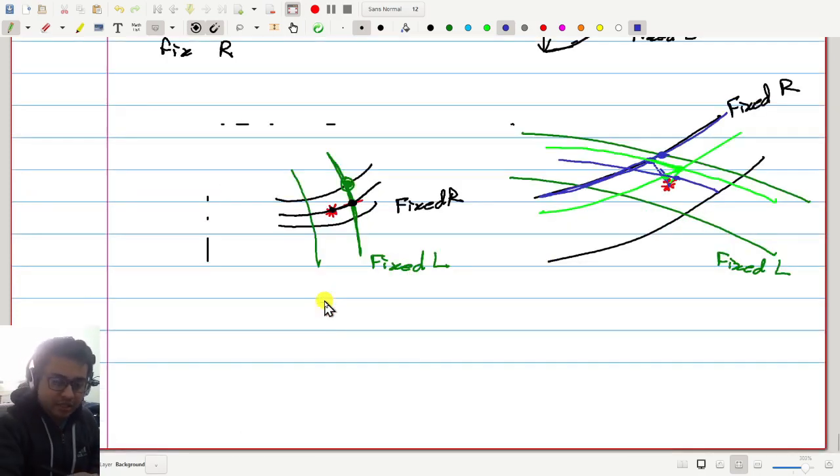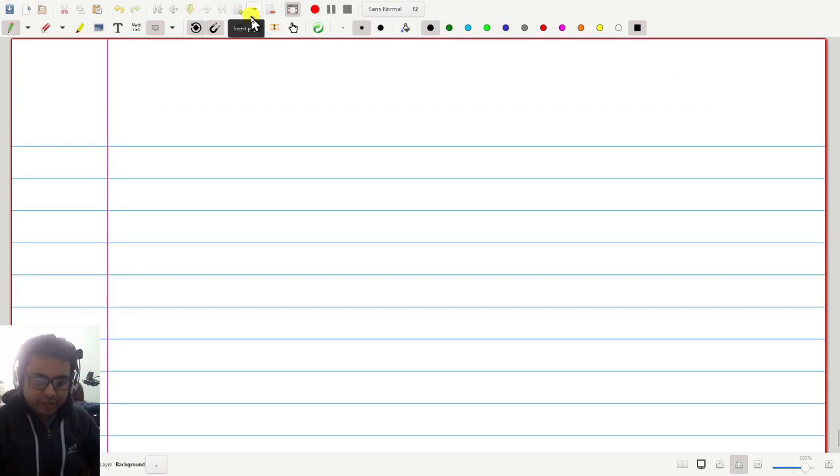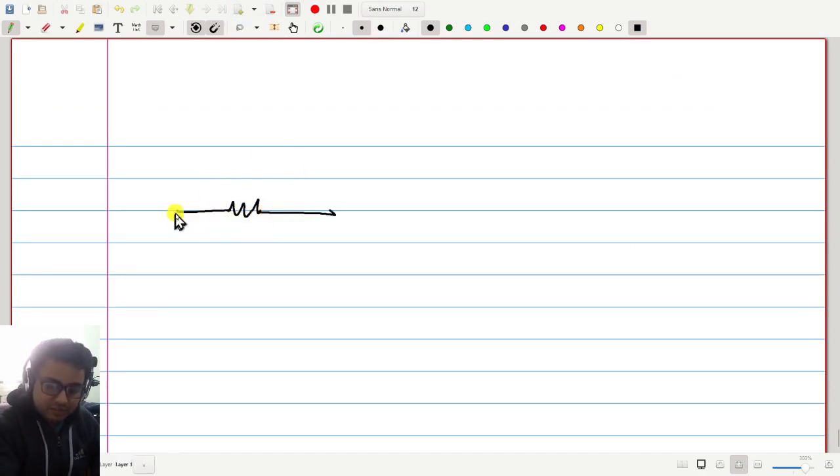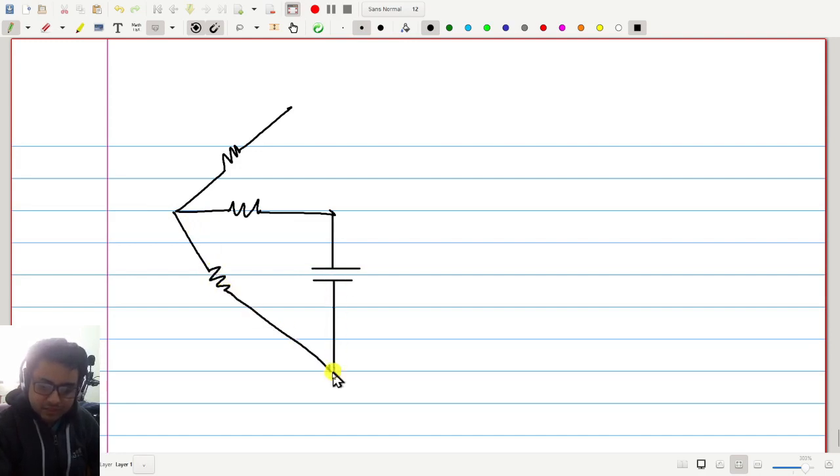So, let me then talk about a very peculiar bridge. The name of this bridge is Anderson's Bridge. Anyway, the names are not required to be memorized.